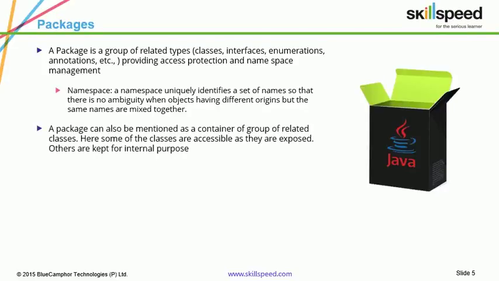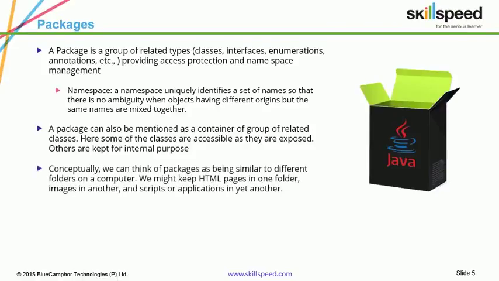We can also mention a package as a container of a group of related classes. Here, some of the classes are accessible as they are exposed, while others are kept for internal purposes. Conceptually, we can think of packages as being similar to different folders on a computer.